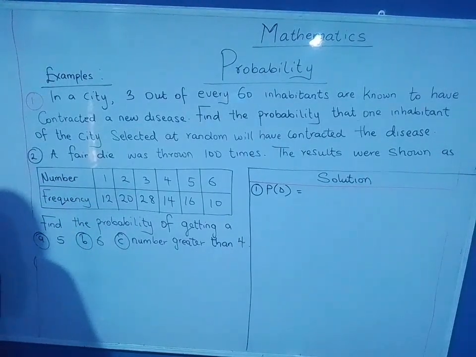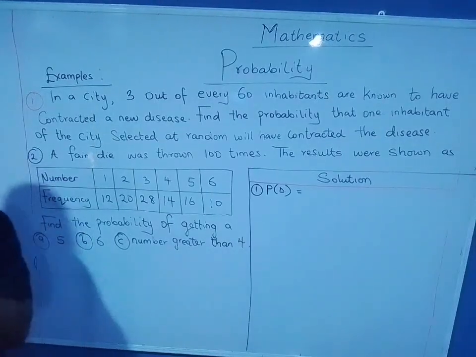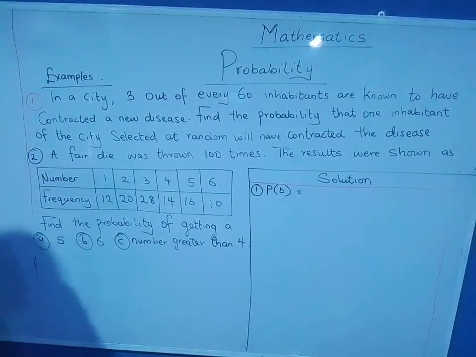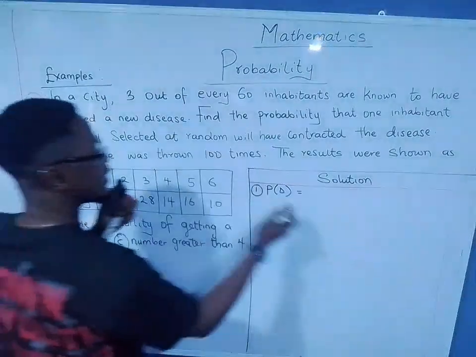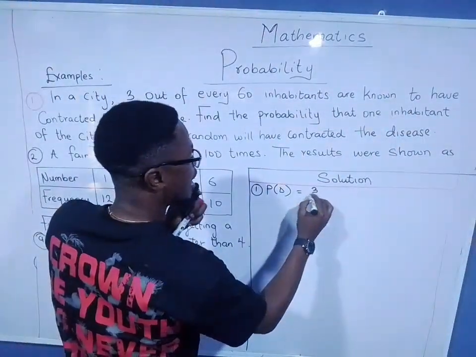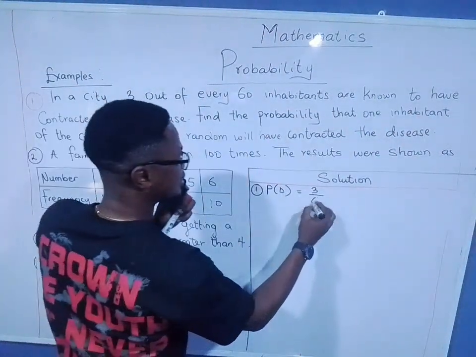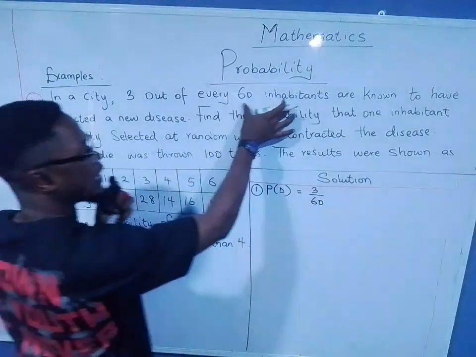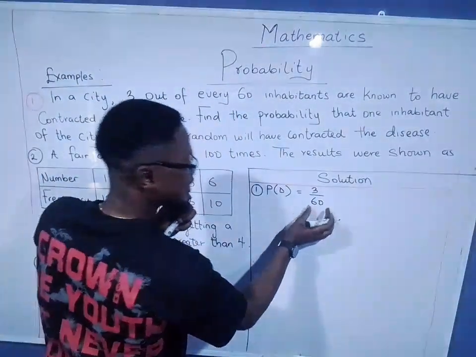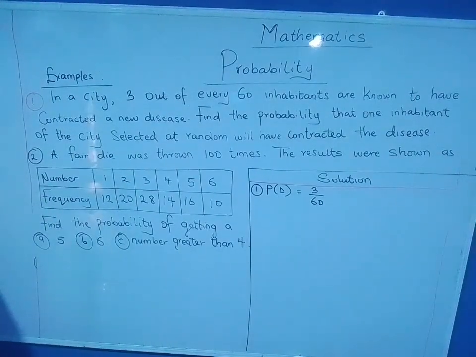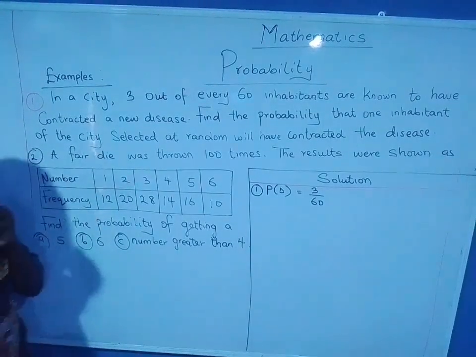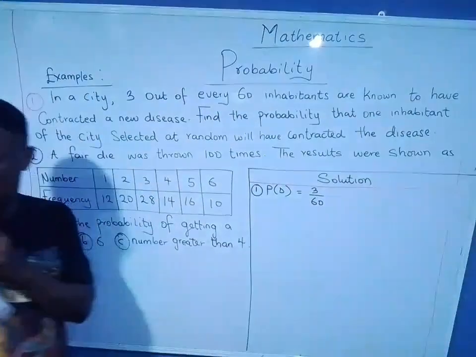Number of favorable outcomes over total number of events. So here we have 3 out of 60. The total inhabitants is 60. Out of these 60, 3 of them got the event you are looking for. So that is the probability of that event. It's as simple as that.